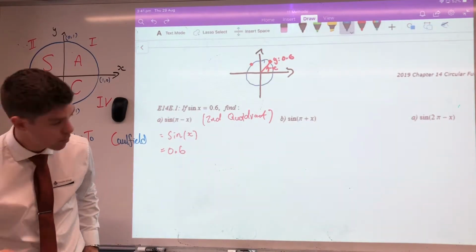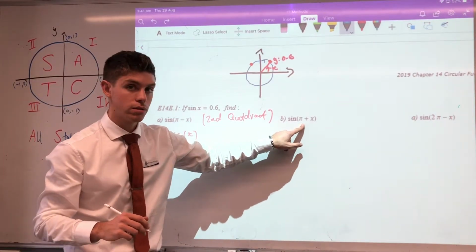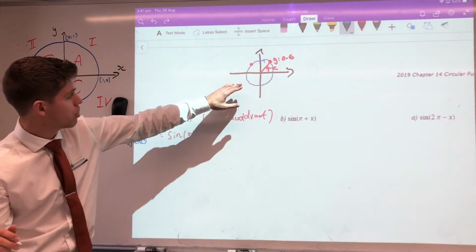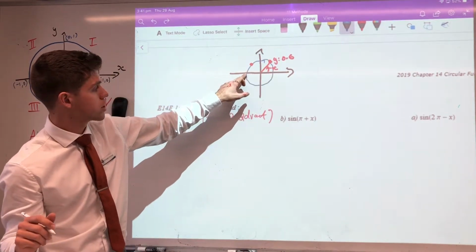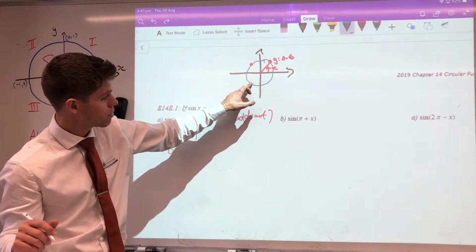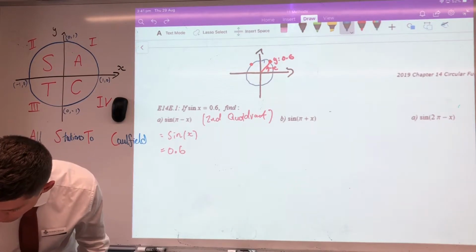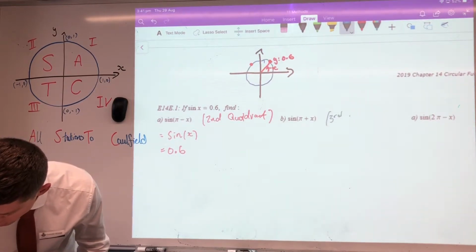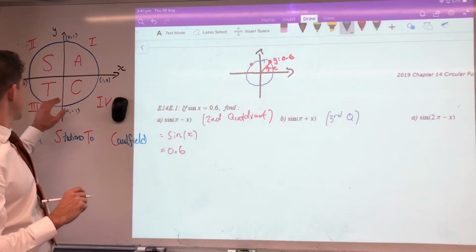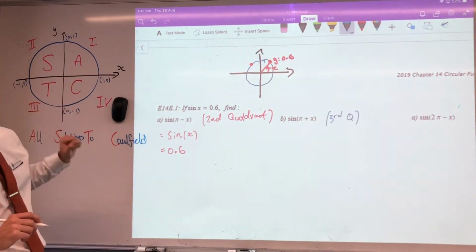Alright, let's have a go at the second one. What quadrant is this in? Well, angle pi is around here, so pi plus whatever the angle x is must fall in this region here. So in the third quadrant, we know that sine is a negative value.